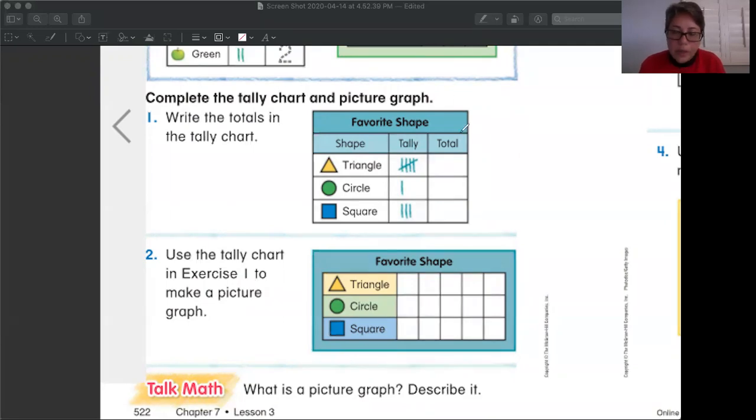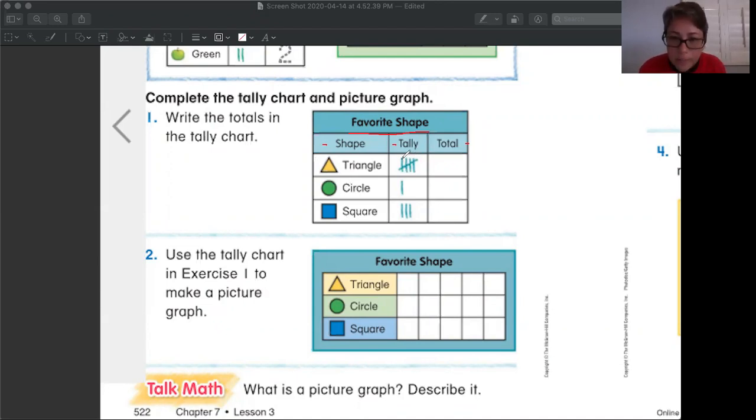So here it is. The first thing we need to do is count our tallies. So here we see the shapes, we see the tally marks, and then the totals. And again, our chart is for favorite shapes. So we asked our friends what shape they liked, a triangle, a circle, or a square. And these many people like triangles.